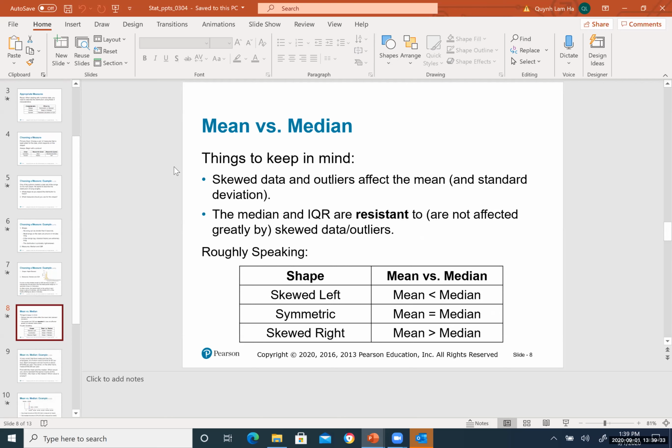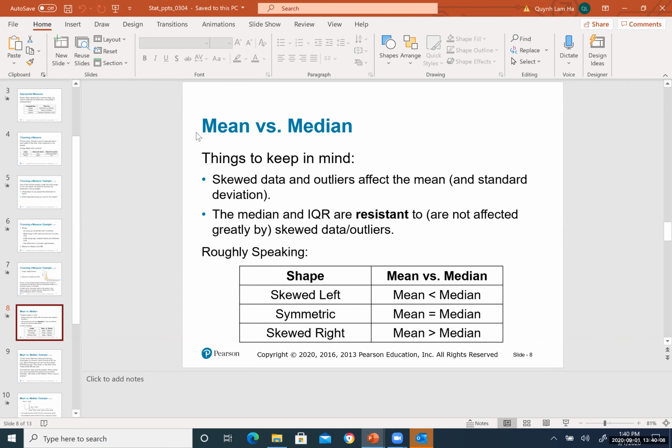Again, going back to the center for symmetric and skew distributions, we have mean and median. You don't have to memorize all of this, but what you need to remember is that for a symmetric distribution, for the center of the data you can compute either the mean or the median, and for the spread you can compute either the standard deviation or IQR. It doesn't matter.